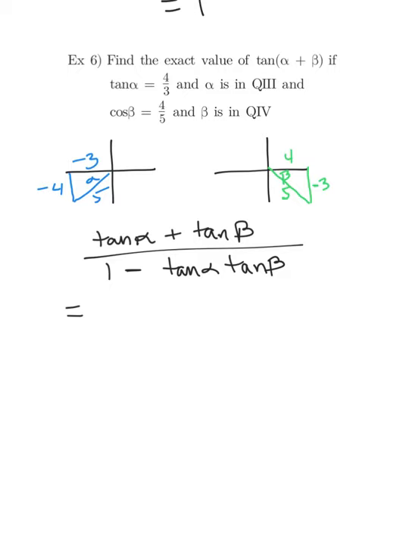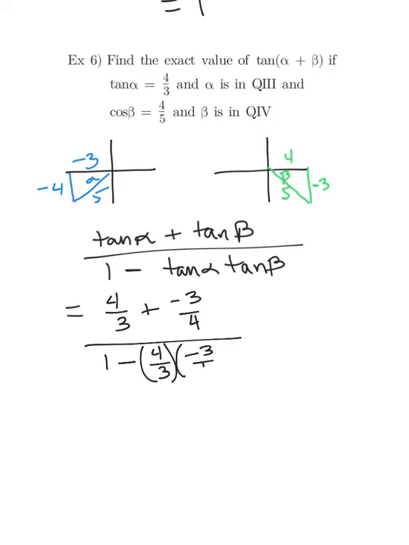The tangent for angle alpha is y over x, so it is 4/3. Notice that that's what they gave us. Plus the tangent for angle beta, y over x, is going to give me negative 3/4. That goes over 1 minus the two numbers we just used multiplied times each other, 4/3 times negative 3/4.